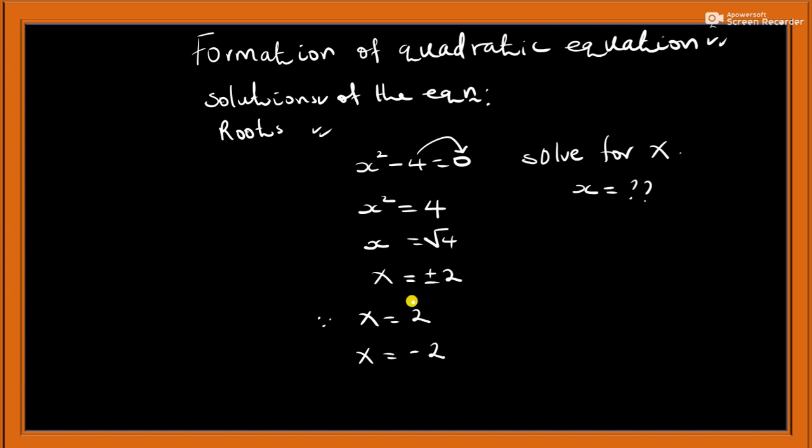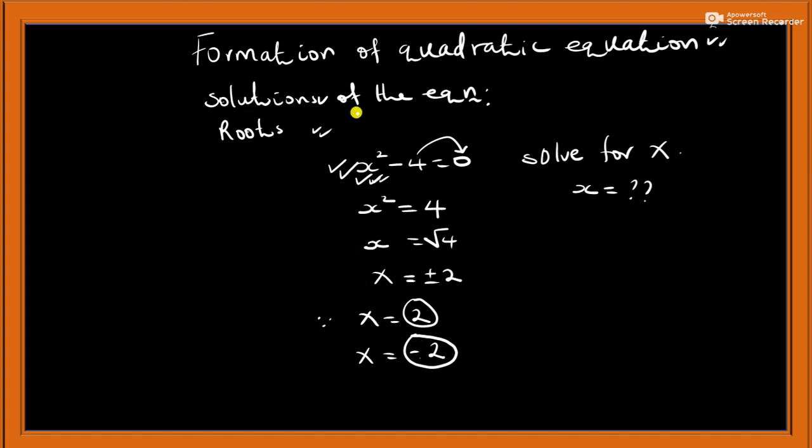Now, 2 becomes a solution to this equation. X equals negative 2: negative 2 also becomes a solution to this equation. Or we say 2 is a root of this equation, and negative 2 is also a root of this equation.